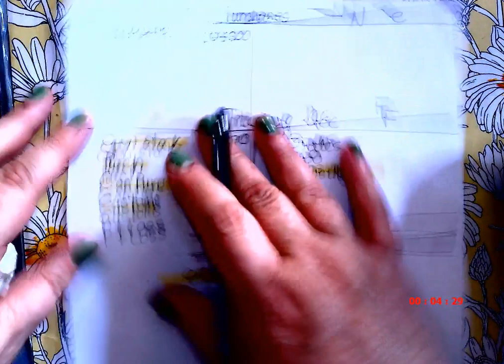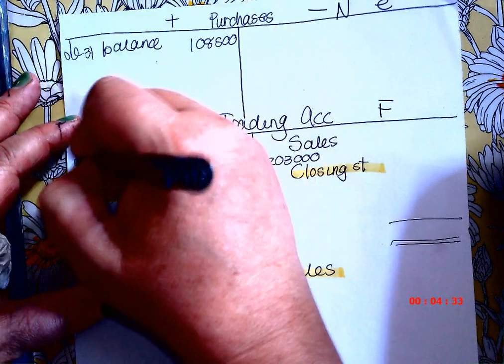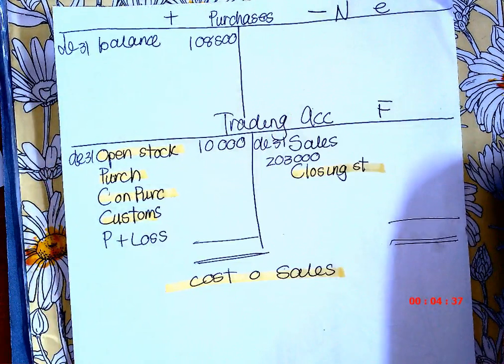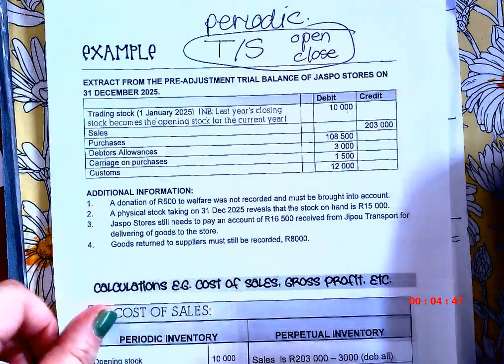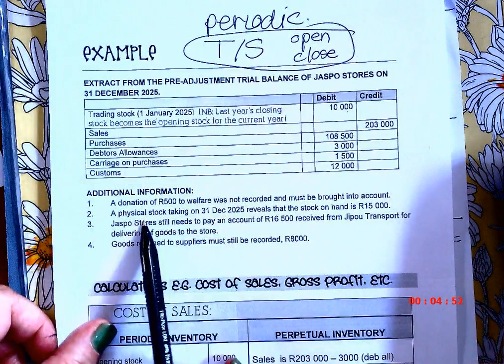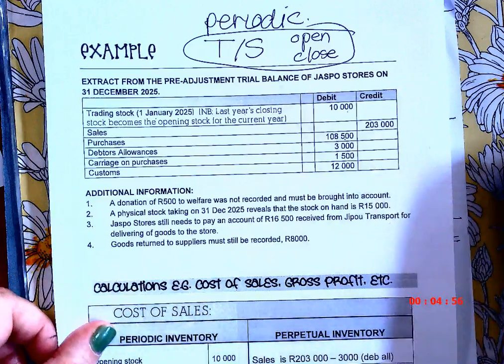So I say 31st December, 31st December, 31st December, and you say, but you can't bring down a balance on the 31st. Oh, that's a lie, you can, because all the transactions have been done. When is this information given to us? 31st December, and then there's additional info that isn't in yet. So I'm doing everything on the 31st.